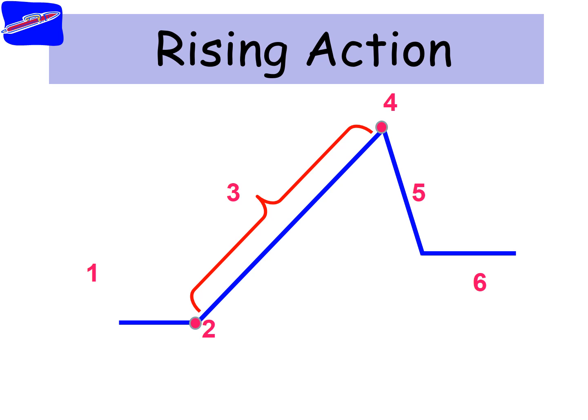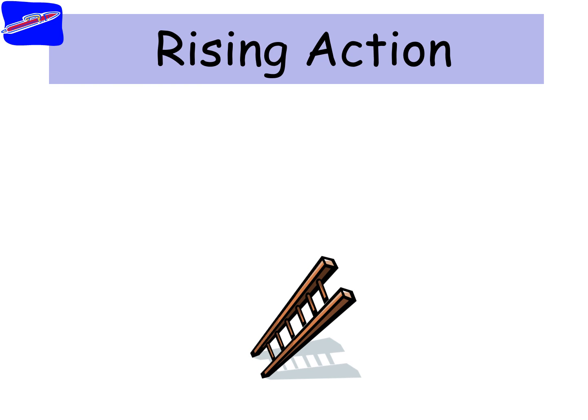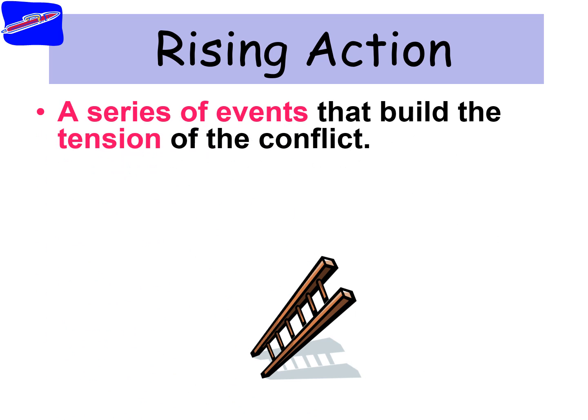Now we're ready to define it on your notes sheet. The rising action is signified by a ladder because it is going up in the story. As you read the story, it signifies all the excitement that tends to build during the rising action of the story. The rising action is a series of events that build the tension of the conflict.